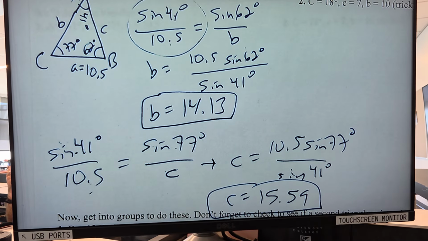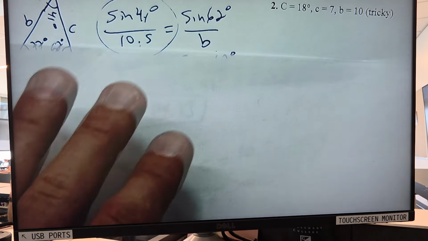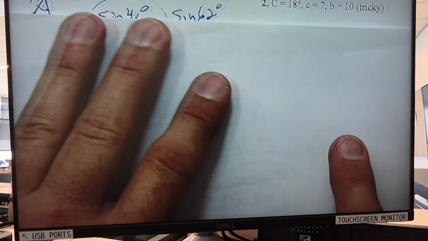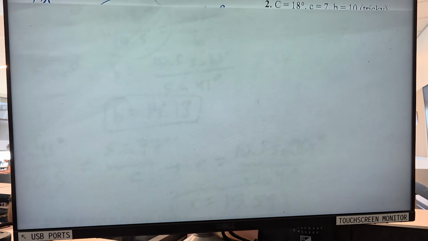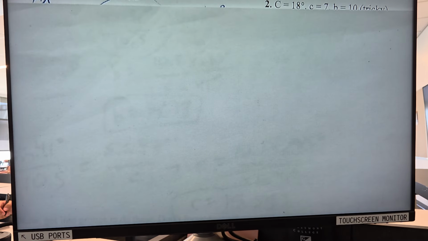Okay, let's take a look at this problem. I'm going to give myself more room. I'm the king of not enough room. Let me turn my paper. All right, let's do this.